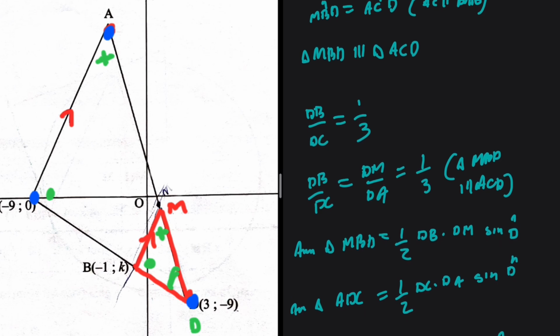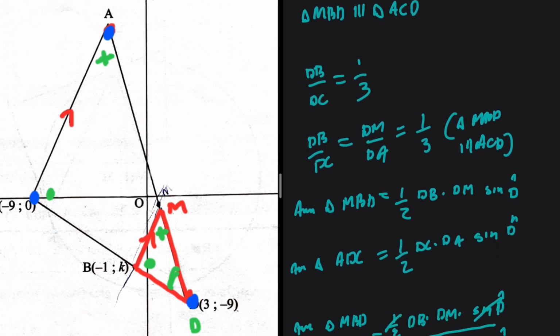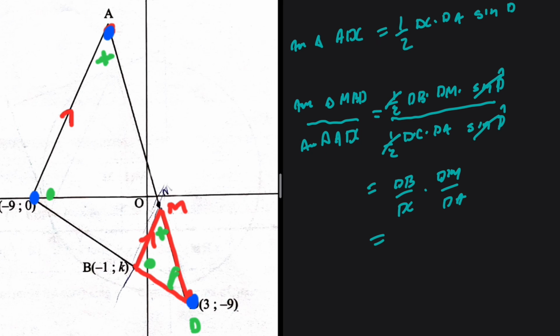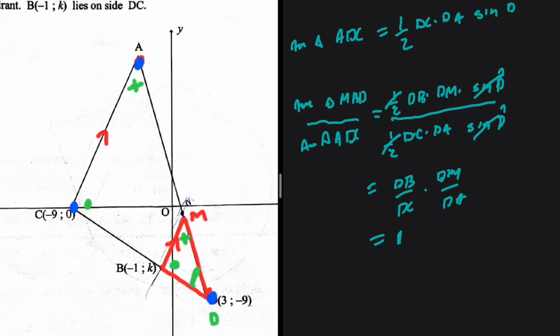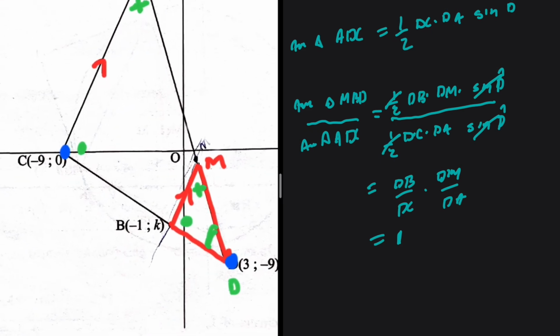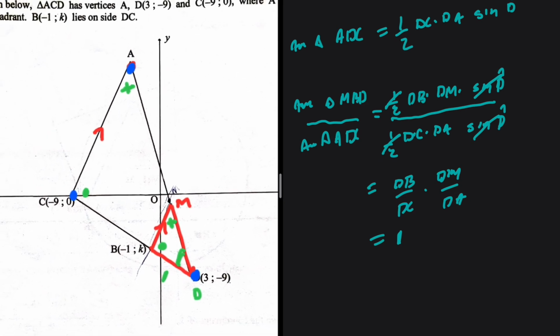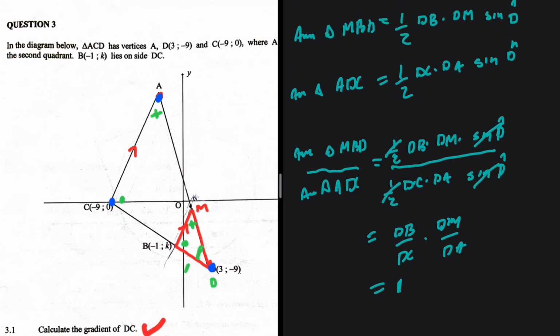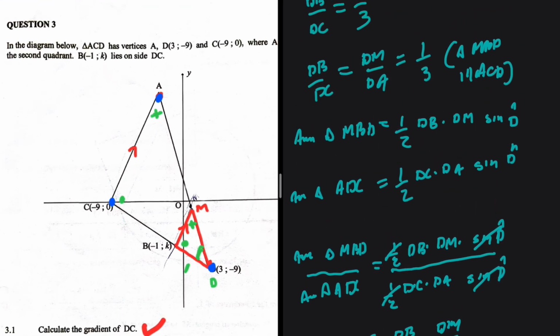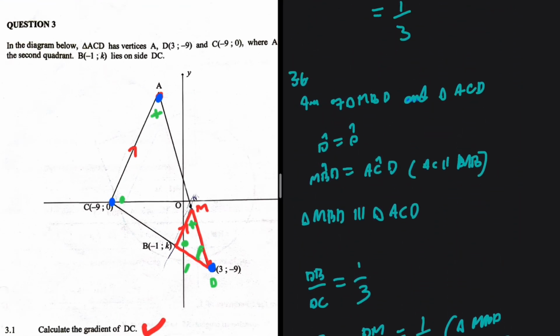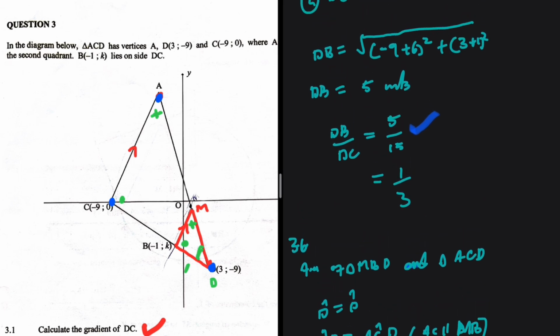What is DB over DC? We know that DB is 1 unit. And then DC, let me make sure that I'm not making any mistake here. From D to C, is it 3 units?